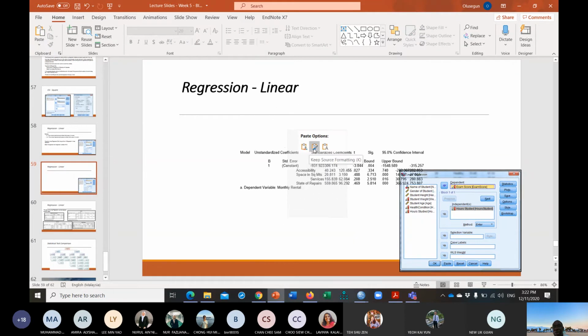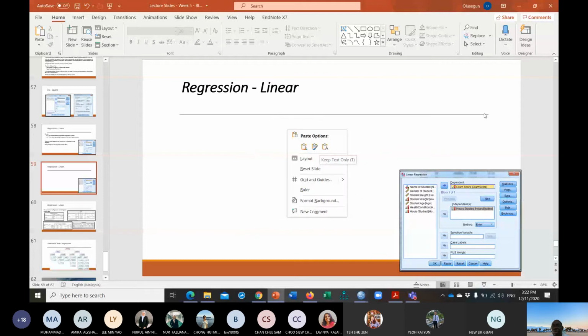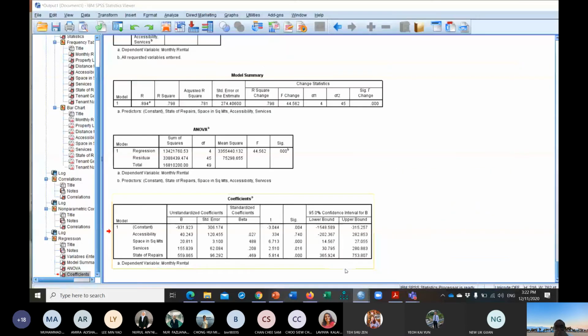No. This is not the best way to copy it. I want to copy it as a table.